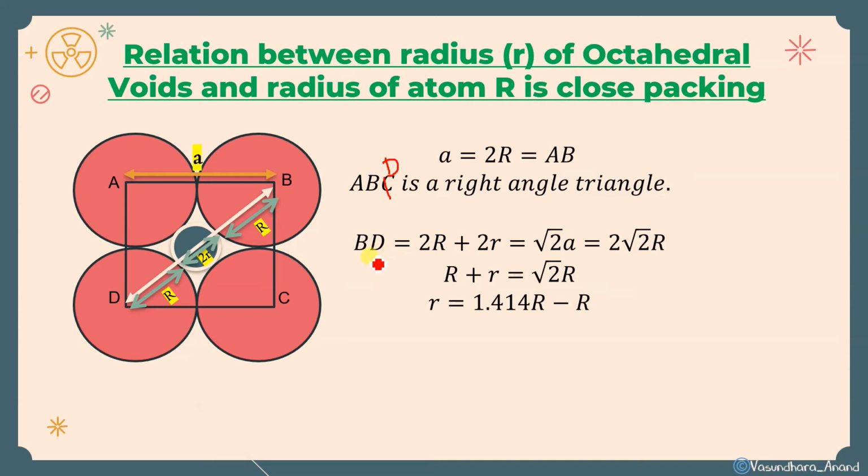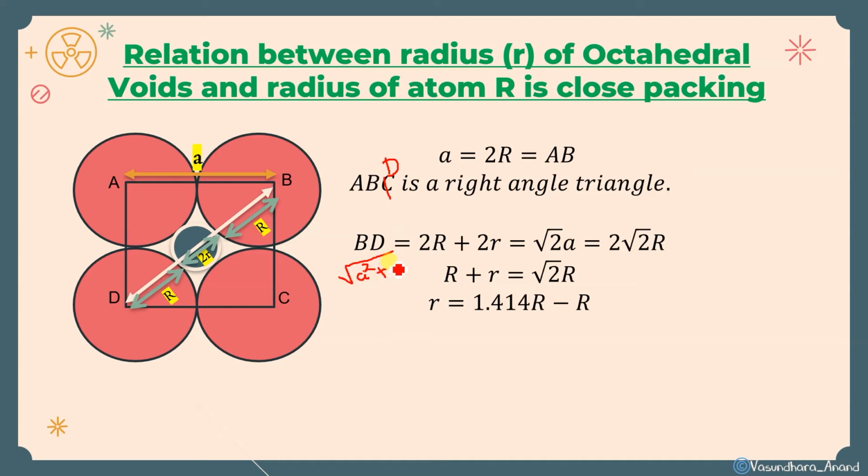So according to the Pythagoras formula, BD will be root under A square plus A square. BD will be root under AD square plus AB square, that means A square.